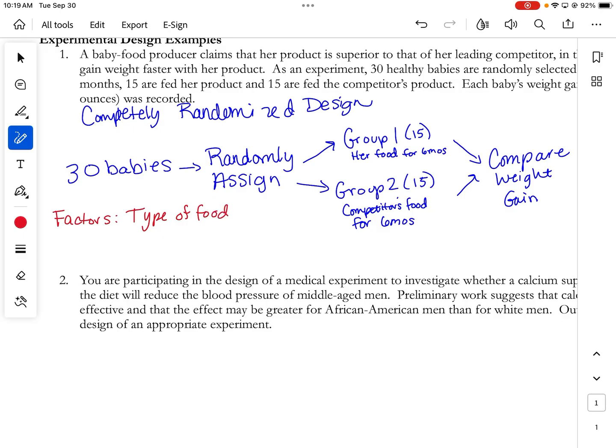Factors, so it'd be type of food. And then levels, we have two. We have her food and competitor food.